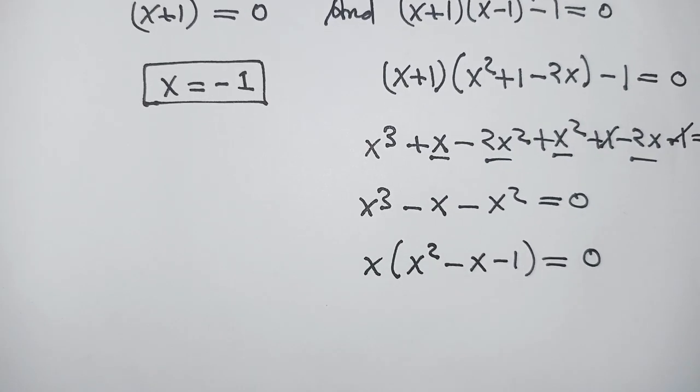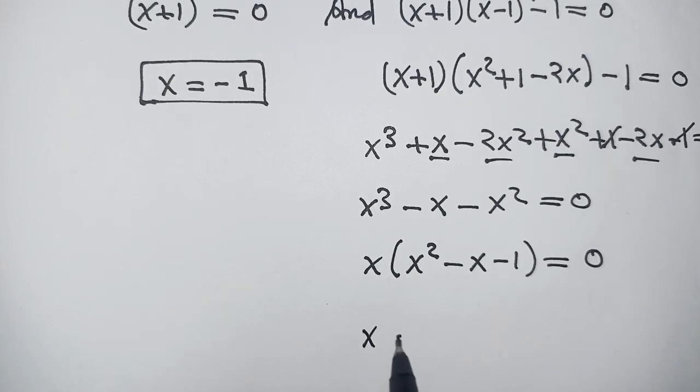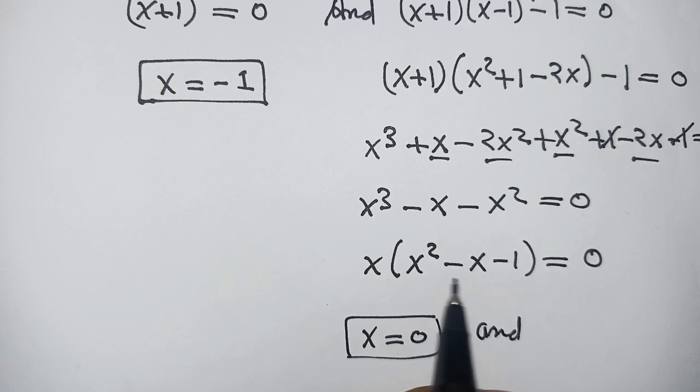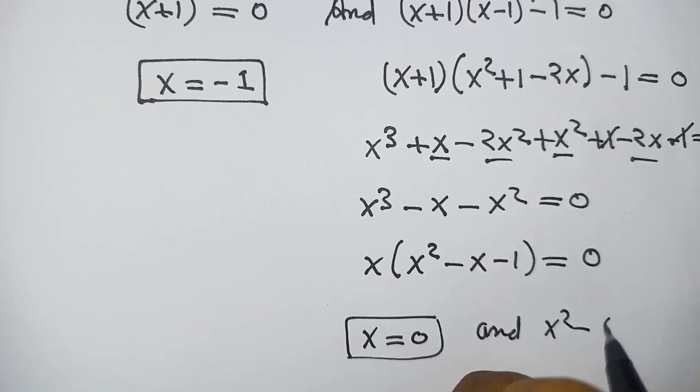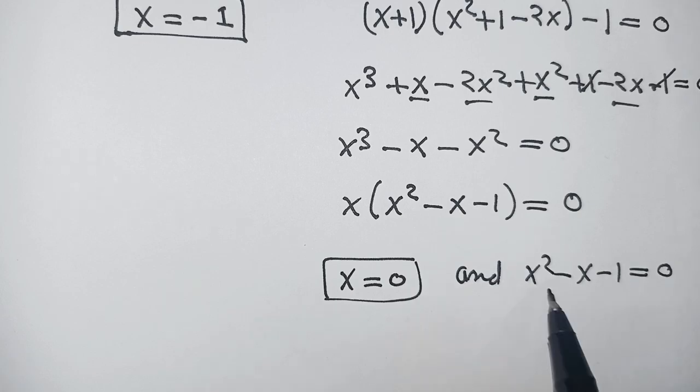So this is again a product of two factors. That means x is equal to 0 and x square minus x minus 1 is equal to 0. And this is a quadratic equation.